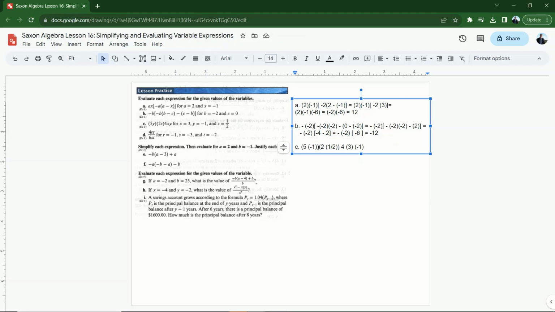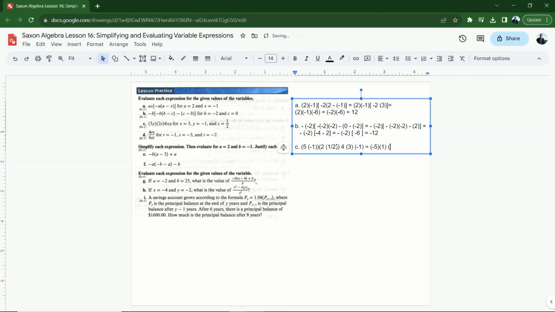So I've got these inclusion symbols that I should simplify first. I've got 5 times -1 and 2 times 1/2. When I get those simplified, I'm just going to have a number times a number times a number times a number times a number. I just multiply from left to right. So 5 times -1 is -5. I'm just going to do my second one right away too, because it's at the same level. 2 times 1/2 is just 1.